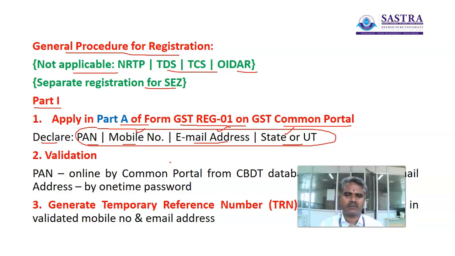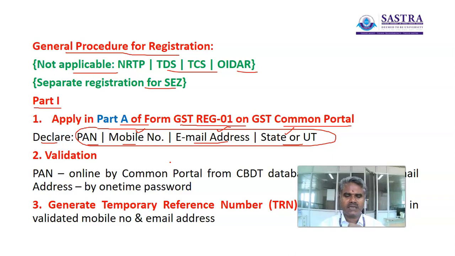PAN-based validation means that the mobile number you gave at the time of applying for the PAN number may be used here for your registration. I think you should use only one number for all such communication. This is better particularly for registration. You may have different phone numbers and use another number for other common calls, but not for this type of registration. This is very important.